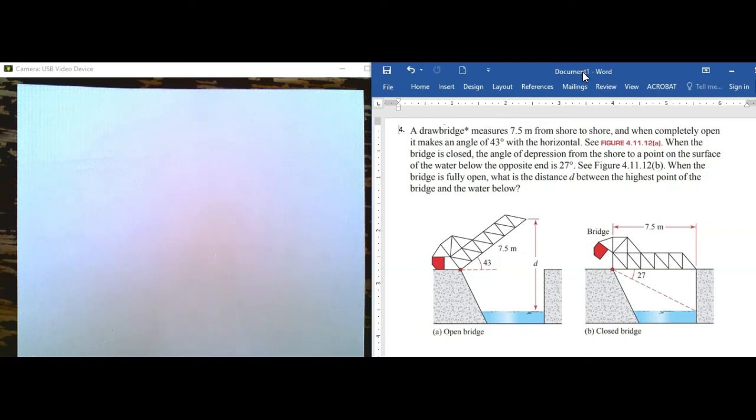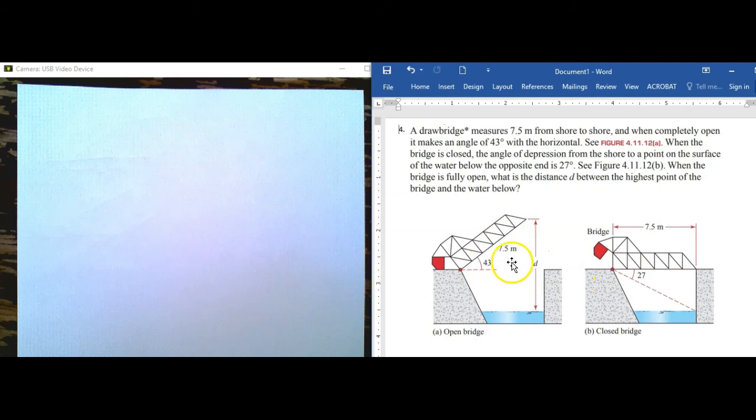When the bridge is fully open, what is the distance between the highest point of the bridge and the water below? Okay, so you can see here we have a couple of diagrams. Here we're looking for the distance from the water to the very high point when the bridge is open.